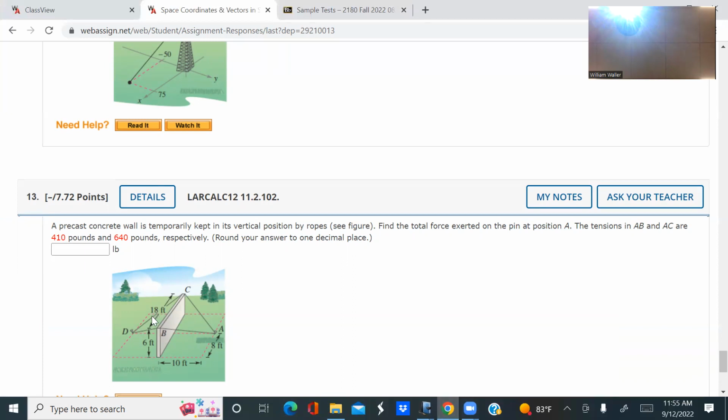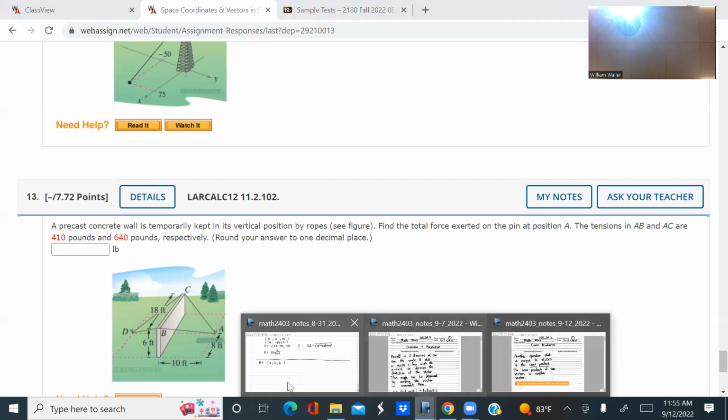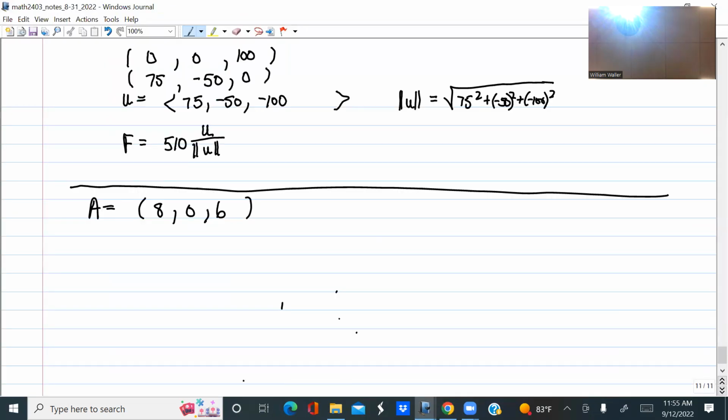B. Yeah, you're right. All right. So B is 8, 0, 6, and then A is the point on the ground. But I do know this was 0, right? 0, 10, 0. And then finally C, that's the point in the back. Negative 10, 0, 6. All right.